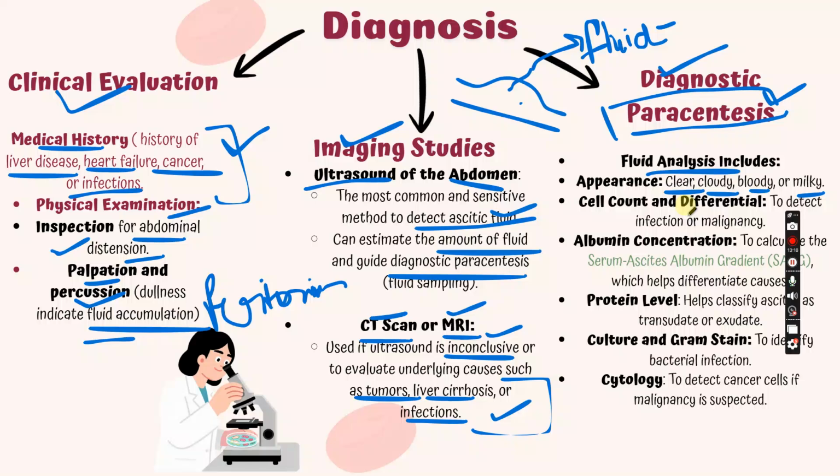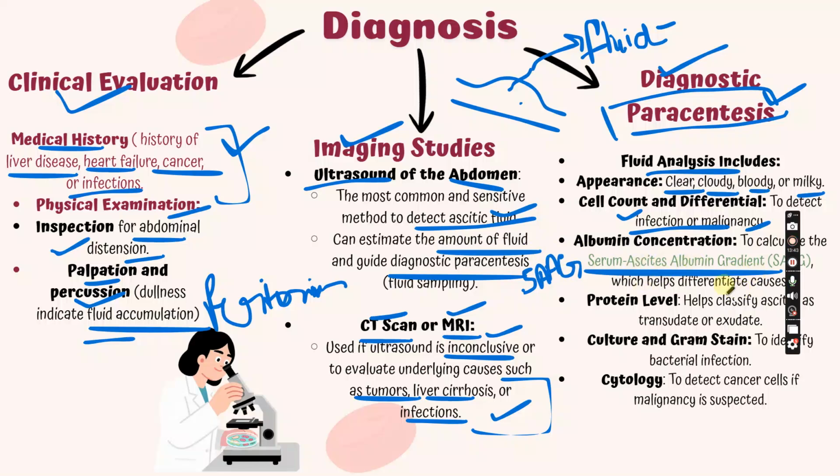Then there is cell count and differential. After collecting the paracentesis fluid, we'll see if there is an infection or any malignancy. Then there is albumin concentration, to calculate the serum ascites albumin gradient, also known as SAAG.